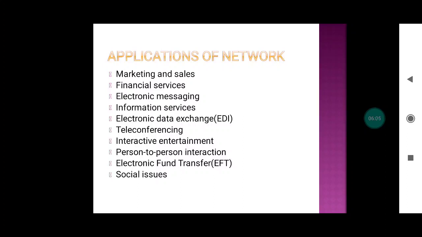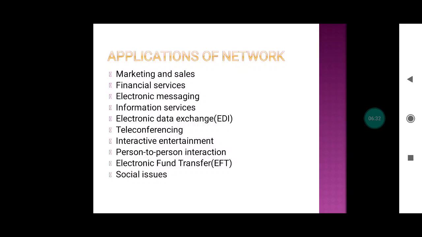Then we have different applications in which we can share information, and we can also get information and content from different business organizations. Then EDI, that is electronic data interchange, where different documents are shared in an organization for business activities online.